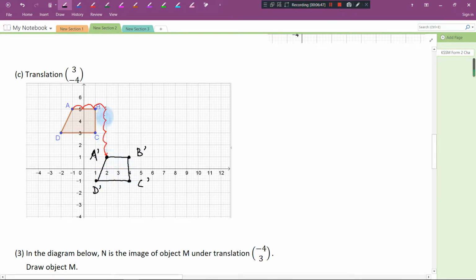Let me check a few other points. How about point B? 1, 2, 3, 1, 2, 3, 4. Correct. How about C? 1, 2, 3, 1, 2, 3, 4. Correct. So this is the image of this object under this translation.